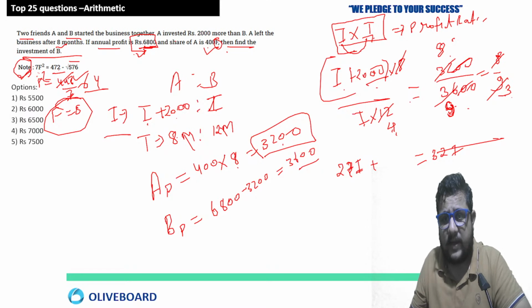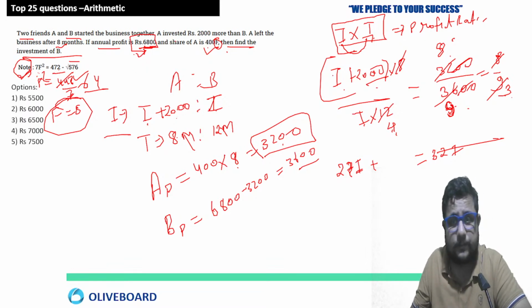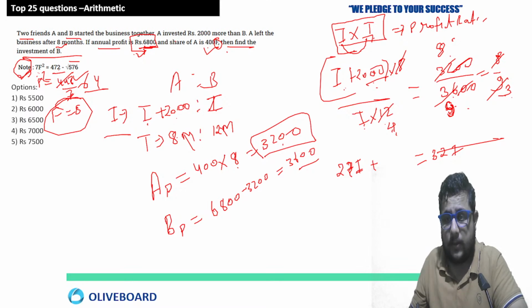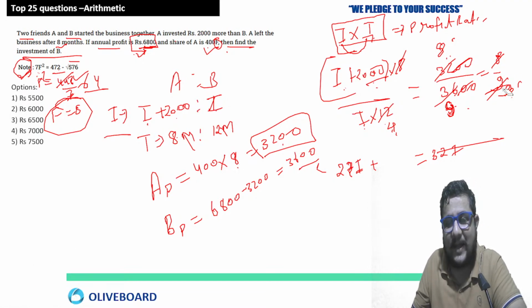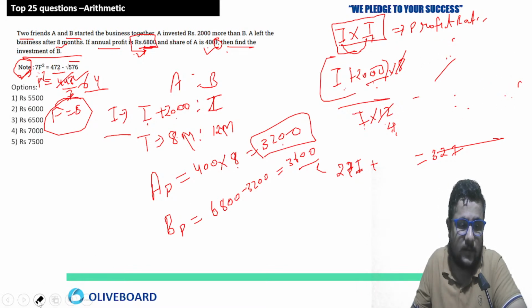A invested for 8 months. I plus 2000 is perfect. I into 12, 3200, 3600, 8 ratio 9. I have already created some mess up here. Just wait, sometimes it happens. Not an issue. I'm just putting the value again. I considered the value 2 times actually.